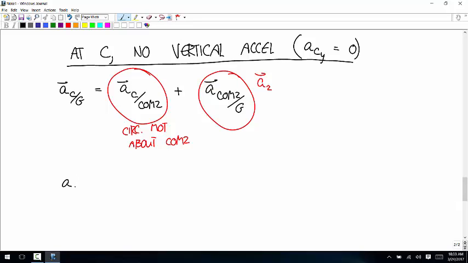So the acceleration of C relative to the ground is equal to alpha 2 crossed with r that goes from the center of mass of 2 to C, or for some reason the way I've been writing it is r 2C from the center of mass of 2, plus this stuff, that's 0, plus a2.